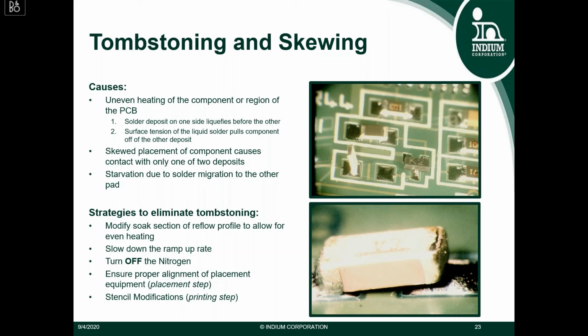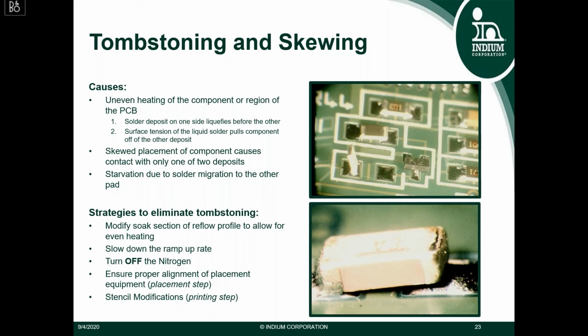When you decrease the wetting speed, you allow there to be less of an imbalance of forces on the component. Again, nitrogen purged reflow ovens increase the wetting speed, which will contribute to more tombstoning, in not all cases, but in many. So if you're having a tombstoning issue and you're using nitrogen, turn the nitrogen off.